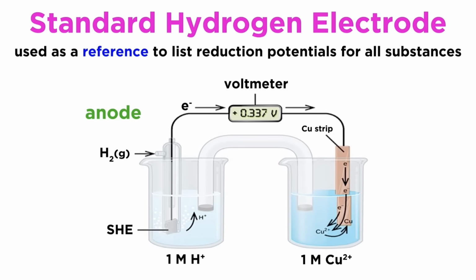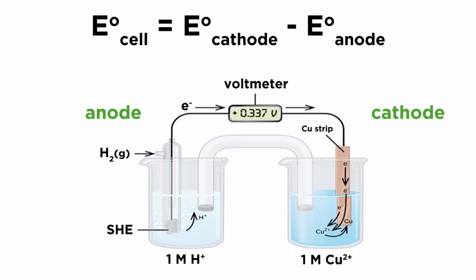In this case, the hydrogen electrode is the anode and the copper electrode is the cathode, and we see that this generates a cell potential of 0.337 volts. If cell potential, or E cell, is given by E cathode minus E anode, and E anode is the reference electrode of 0 volts, then the reduction potential of copper is all of the 0.337 volts.